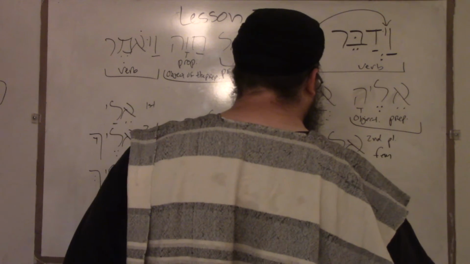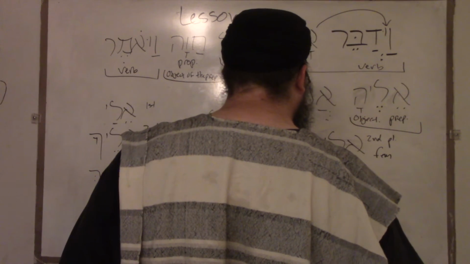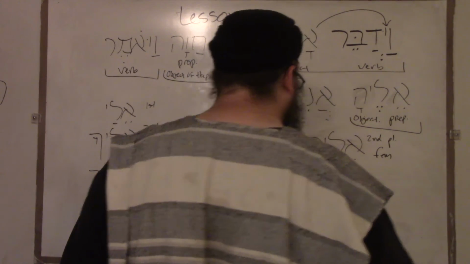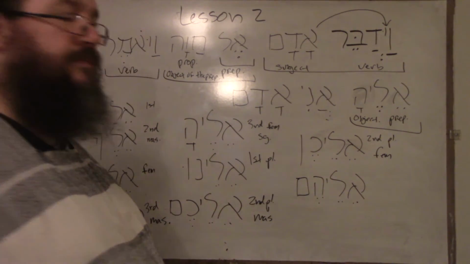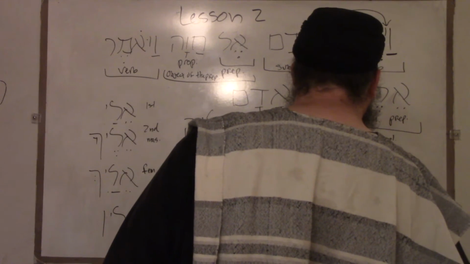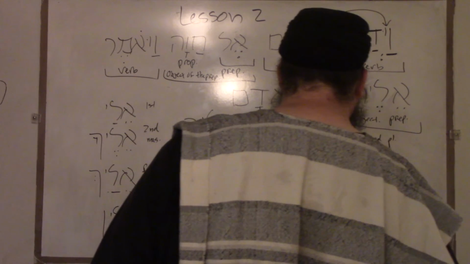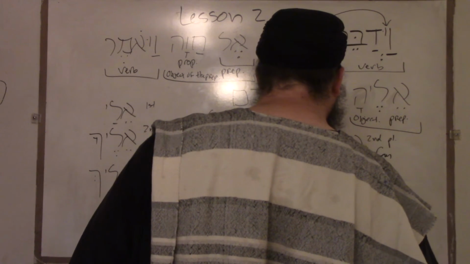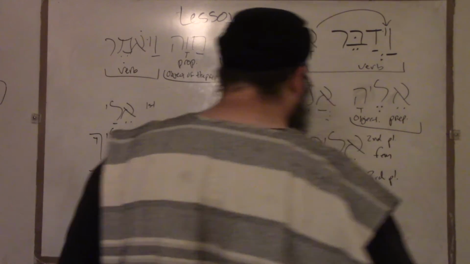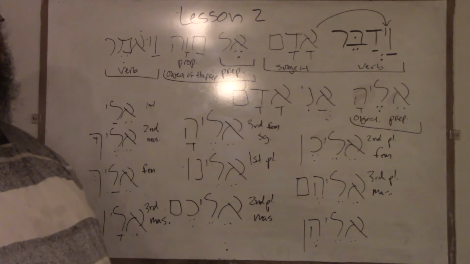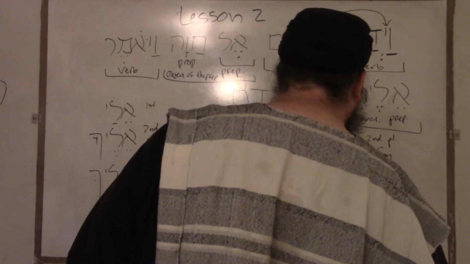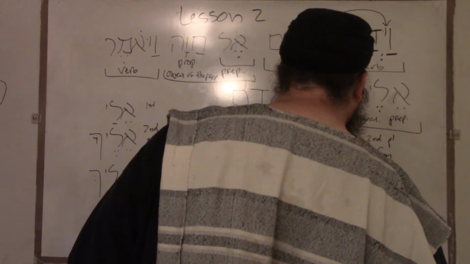And then we have lastly Aleihem, unto them. This is the third person plural, masculine form. And then lastly, Aleihen, which is the third person plural form, and it's feminine.